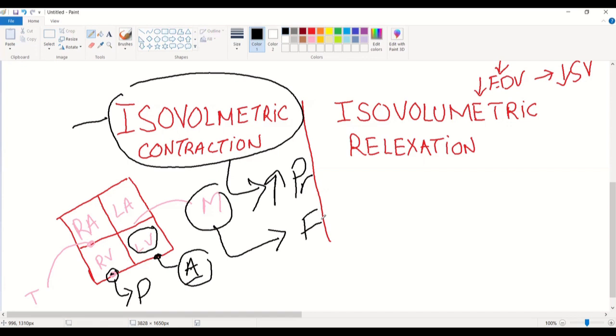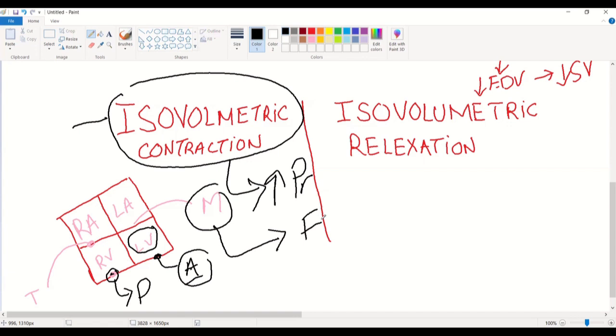What does isovolumetric relaxation mean? It means the ventricles are relaxing to receive blood, and there is closure of the semilunar valves.